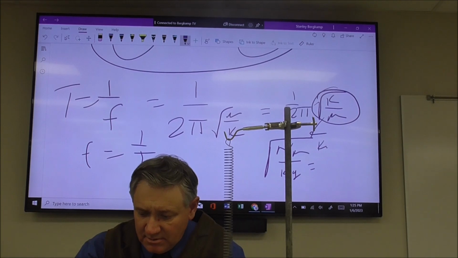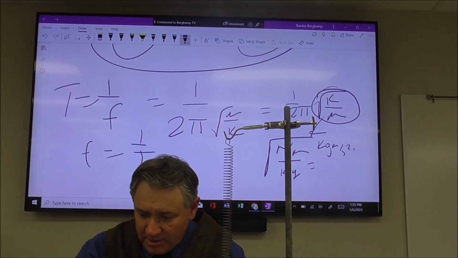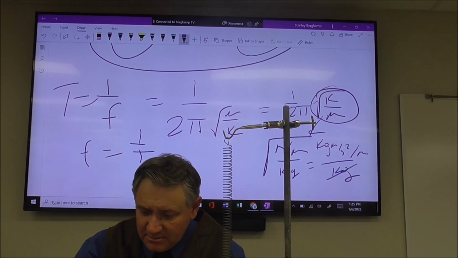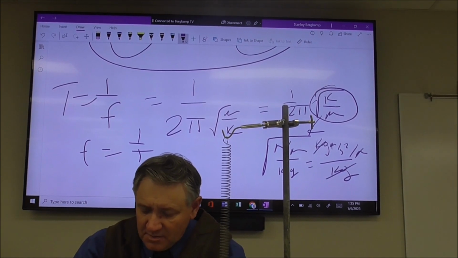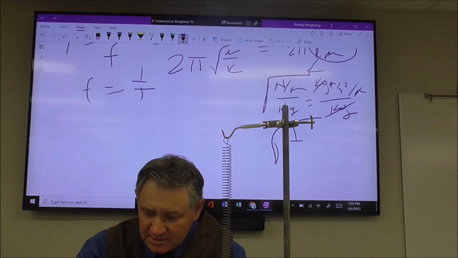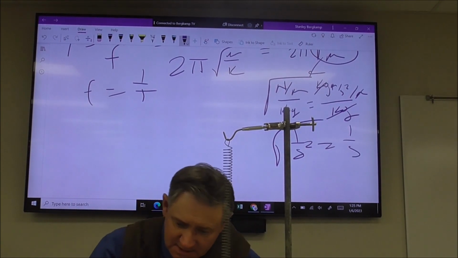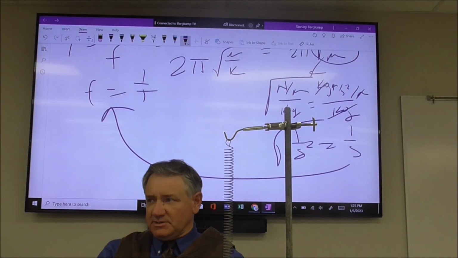Your newtons are kilograms meters per second squared, divided by meters divided by kilograms. The kilograms cancel out. The meters cancel out. You're taking the square root of 1 over seconds squared. You get 1 over seconds. That's what frequency is measured in.